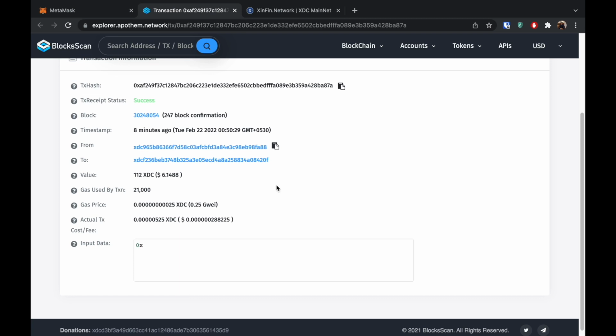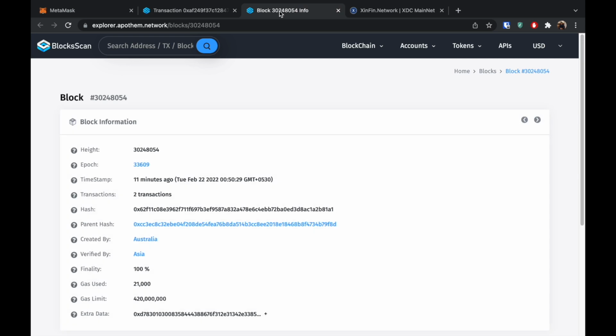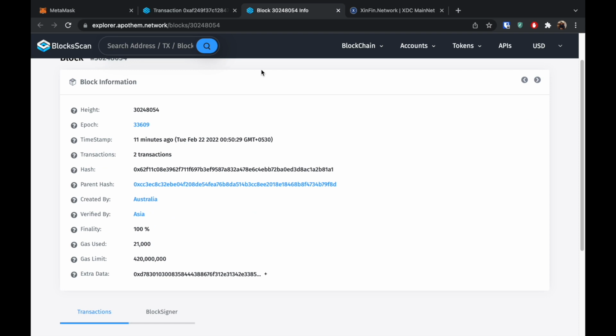Another interesting thing which we can look at is information about the block which confirmed this particular transaction. So if we go to this particular website, which tells us about the block 30248054, which confirmed our transaction, it tells us a lot of metadata about it as well. So height is the same as the block number. Epoch is an interesting concept. What epoch essentially means is all of the blocks which have happened till now are divided into time segments called epochs.